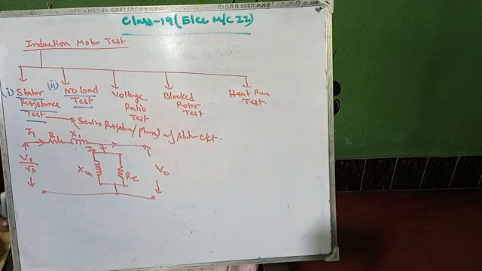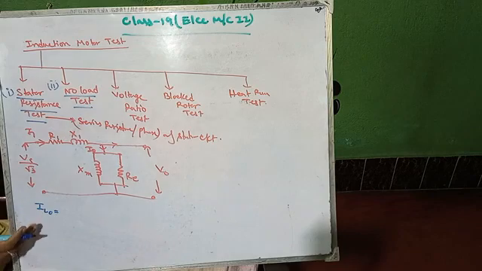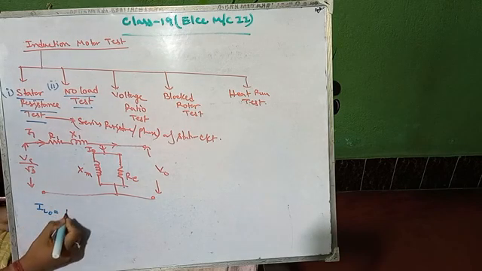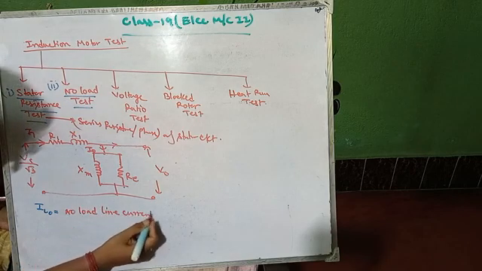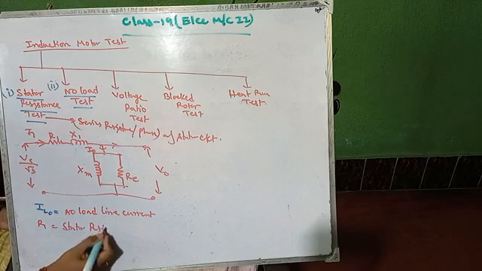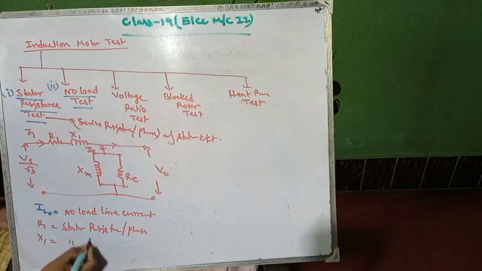Okay, so now write IL naught. Before analysis of it, we have to denote some parameters. So IL naught equals no load line current. Next one, R1, stator resistance per phase, and X1 equals stator reactance per phase.